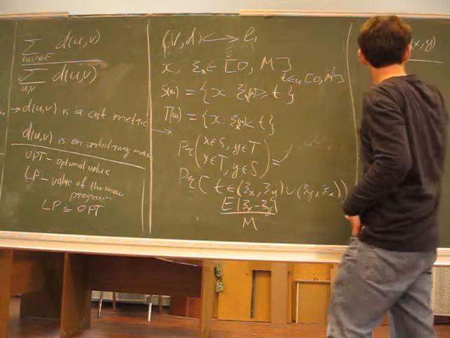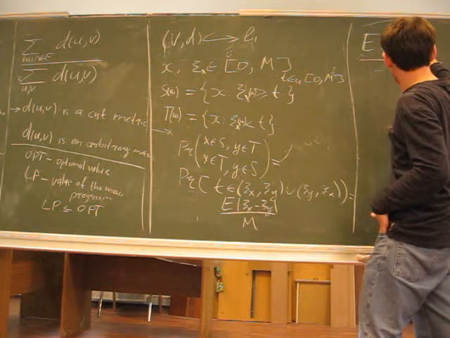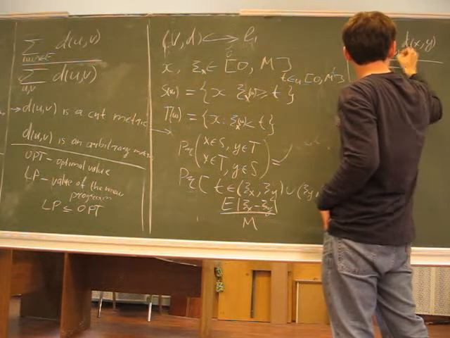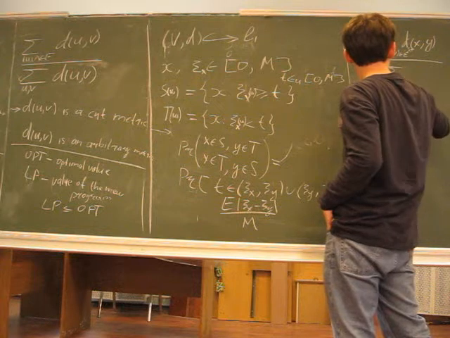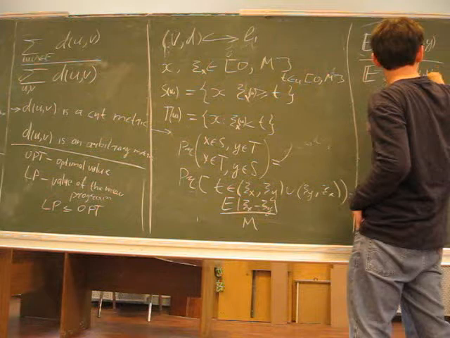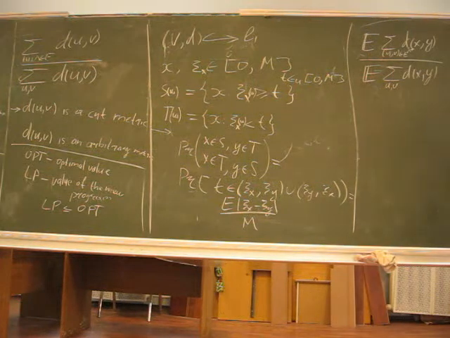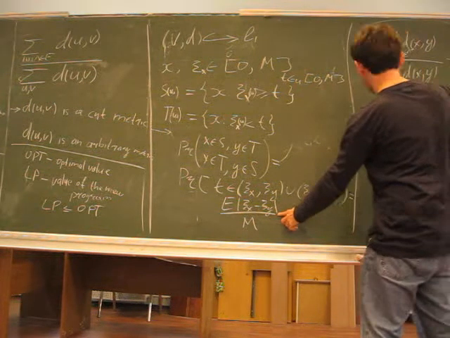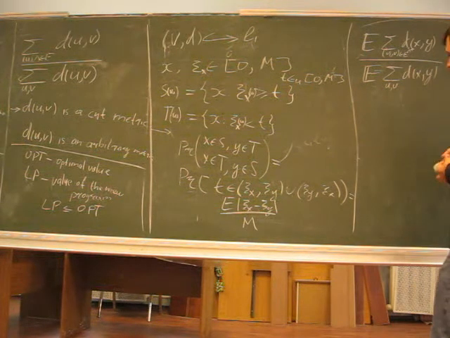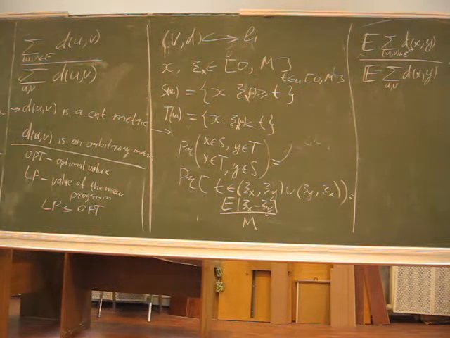of the distance between X and Y with respect to the cut S, T, and here the expectation of the sum over all UV of the distance between X and Y. So this is greater than that. So we obtain a solution which is at least log n times the optimal one. That's our goal at least.